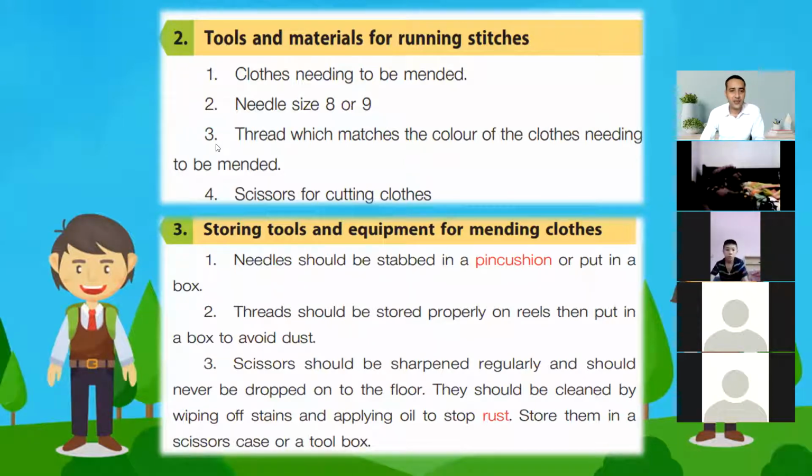Number three, thread which matches the color of the clothes needing to be mended. Number four, scissors for cutting. All of these tools we have to put safely in a box.